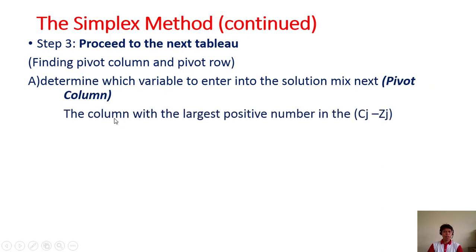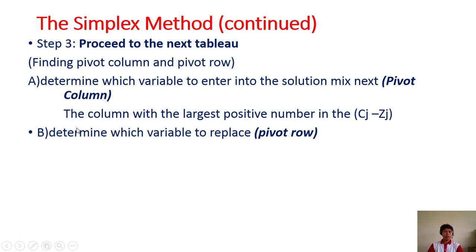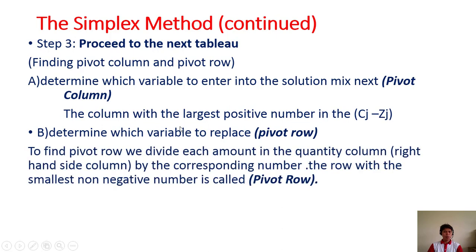We choose the column with the largest positive number in the Cj minus Zj. And the second one is to determine which variable to replace, or the pivot row. To find the pivot row, we divide each amount in the quantity column, the right hand side column, by the corresponding number. The row with the smallest non-negative number is called the pivot row.